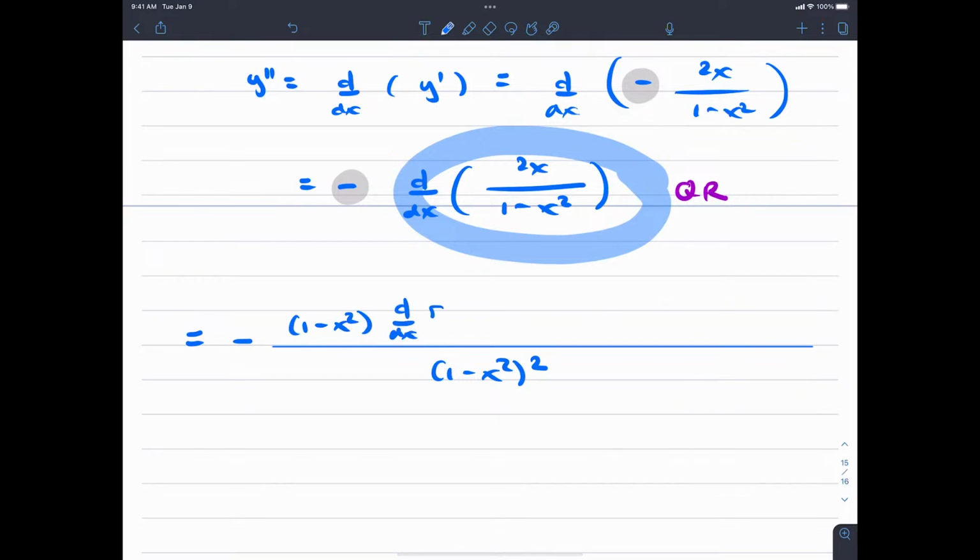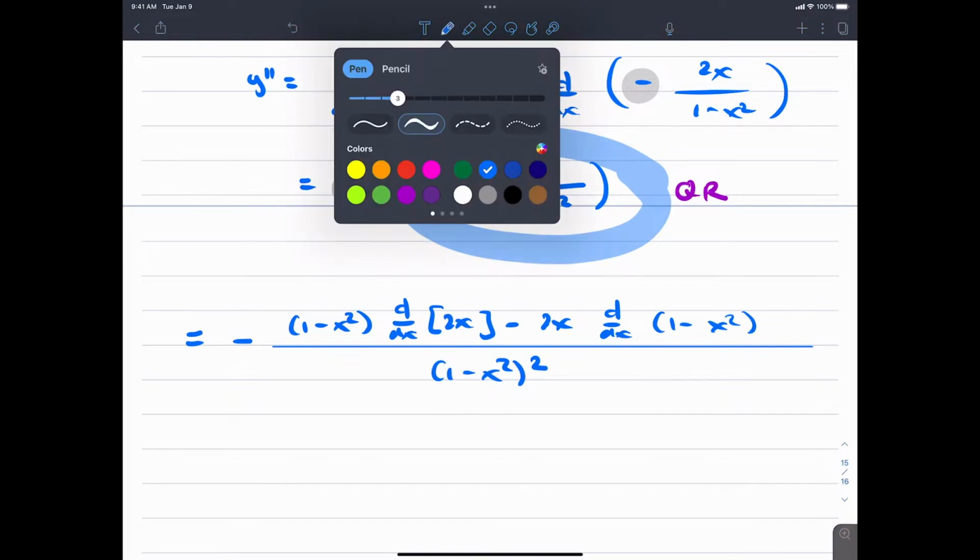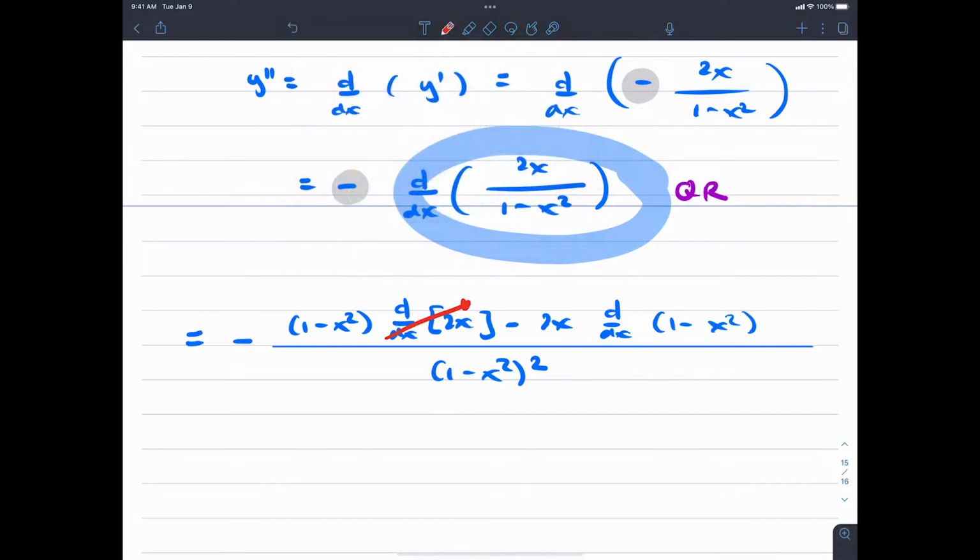Differentiate your what? Numerator. Minus that numerator, and then you differentiate the denominator. Okay? So here's your chain rule version again. So I go back again here and I differentiate. Derivative of 2x will be 2.